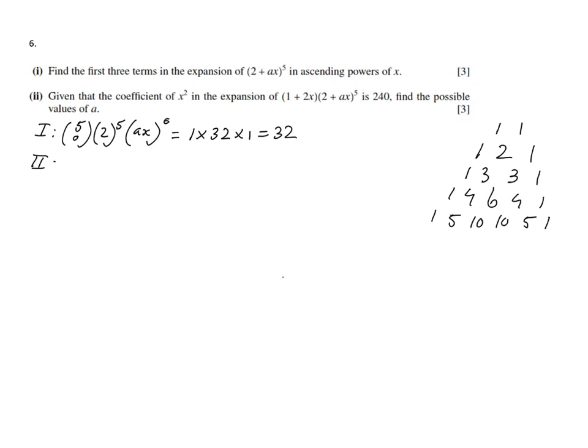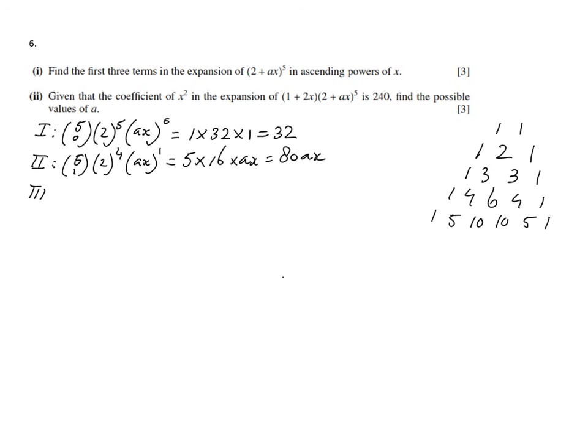Good, moving on to the second term, so that will be 2 to the power 4, 1 less, and (ax) to the power 1, 1 more, again the sum is 5. I'm going to use this number, 5, so that is going to be 5 times 2 to the power 4, which is 16, and (ax) to the power 1 is ax, so that will be 80ax.